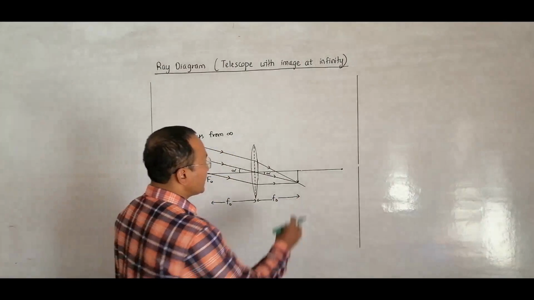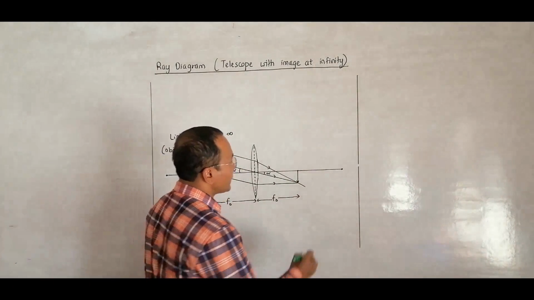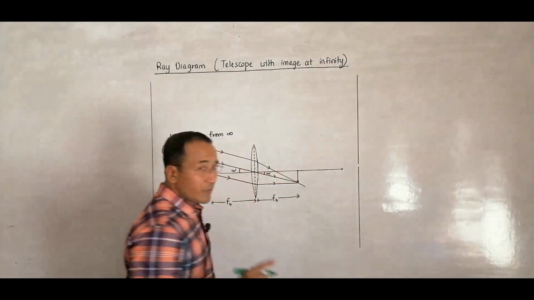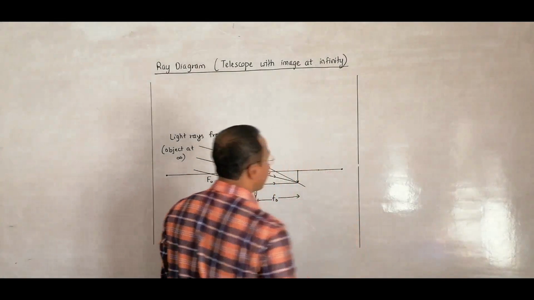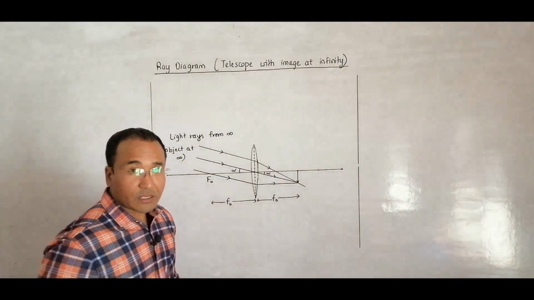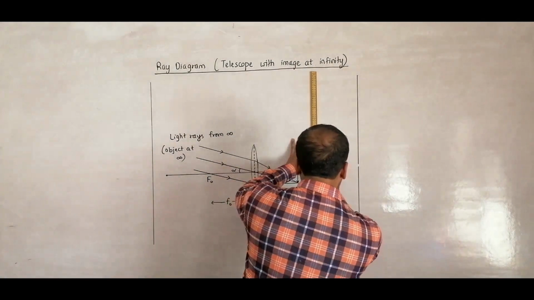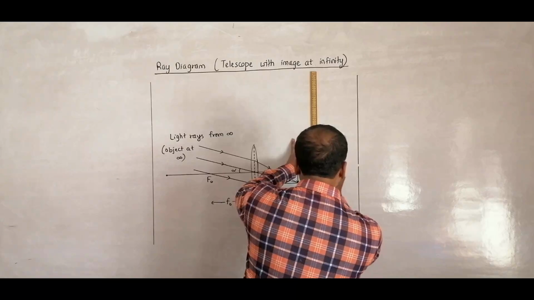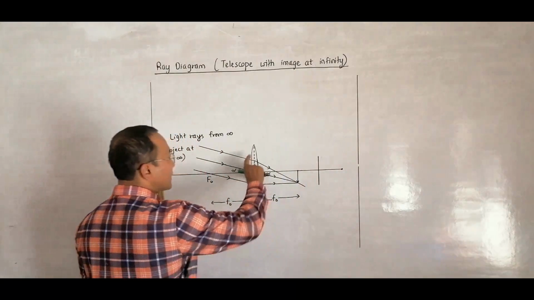Now the remaining distance that we have here. So now in the remaining distance, let us again bisect it. So we have lots of bisections. So let's again bisect it, and it will be the position for the second lens, which is the eyepiece. So here I'll make the eyepiece lens here, and this eyepiece lens should be smaller than this.